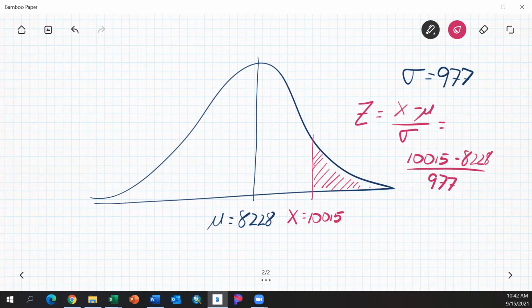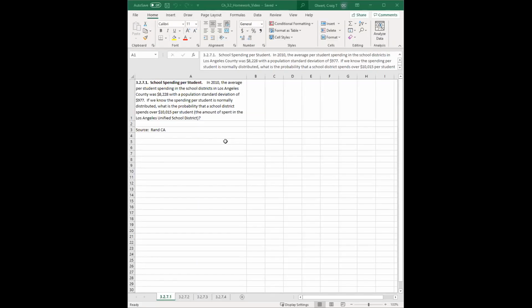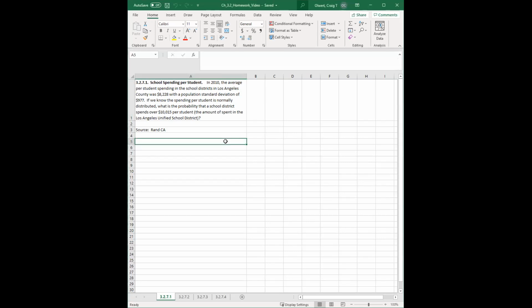I'm going to stop sharing and then go back to our Excel spreadsheet. In Excel, I'll put x equals 10,015, mu equals 8,228, sigma equals 977. Because it is inconvenient to get the Greek letters, we will just spell them.